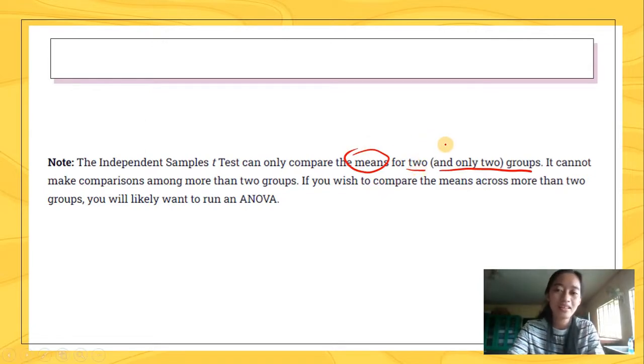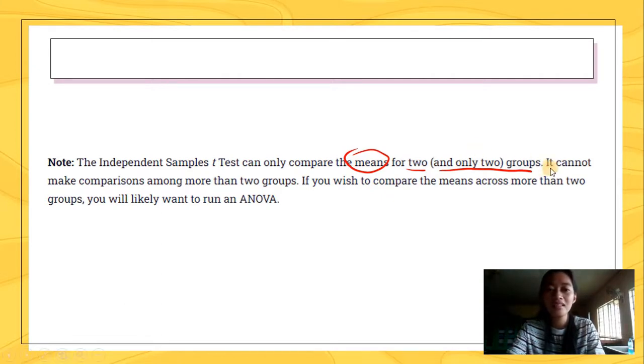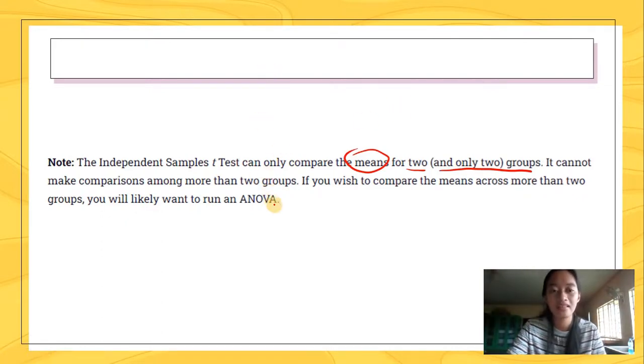Basta malapas, lahi na, dili na pwede gamitan og t-test. So it cannot make comparisons among more than 2. If you wish to compare the means across more than 2 groups and many other categories, you will likely want to run the test called ANOVA, which is for SLHT 8. So karon 2 and only 2 groups lang ta.